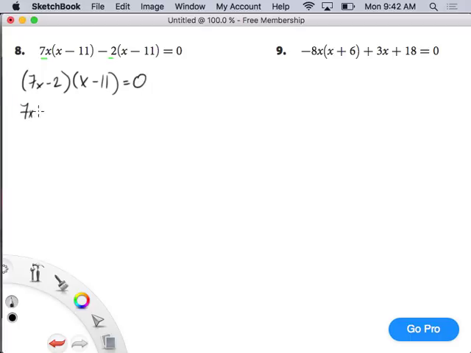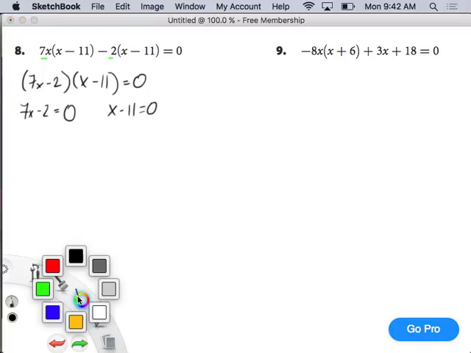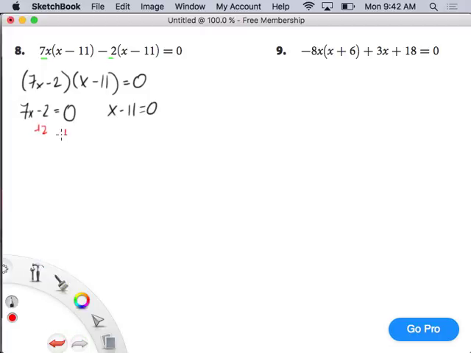Set them both individually equal to 0: 7x minus 2 equals 0 and x minus 11 equals 0. Here we add 2 to both sides and get 7x equals 2, then divide both sides by 7. We get x equals 2 over 7. This one is more simple, just a one-step equation. We get x equals 11. So those are the solutions for number 8.